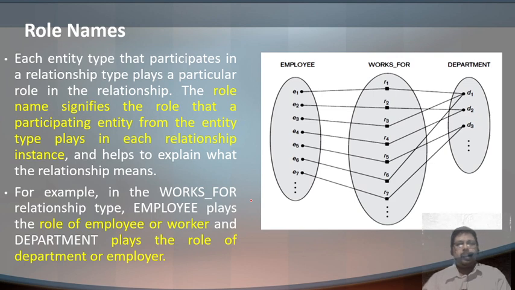The role name signifies the role that a participating entity type plays in each relationship instance. If you consider this example, the works for relationship, employee plays the role of employee or worker, and department plays the role of department or employer.